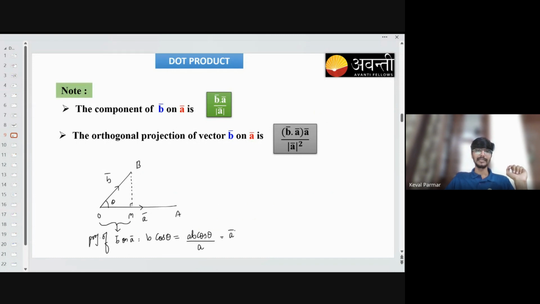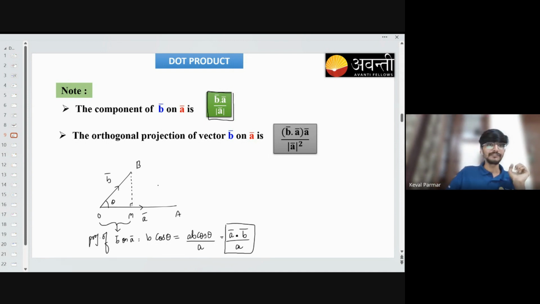It is A bar dot B bar upon A. So we remember this formula. वही लिखा है ना यहाँ पे भी. See, the component or projection of B bar on A bar is B bar dot A bar upon mod A. लिखो कि खाली A लिखो, फर्क पड़ता नहीं.